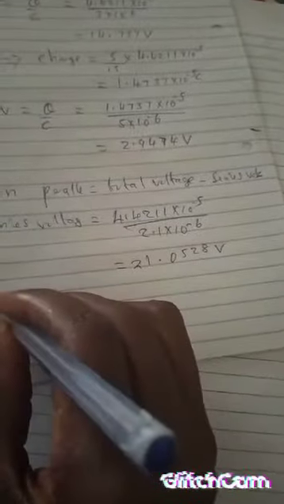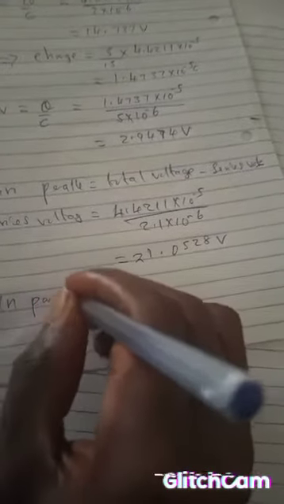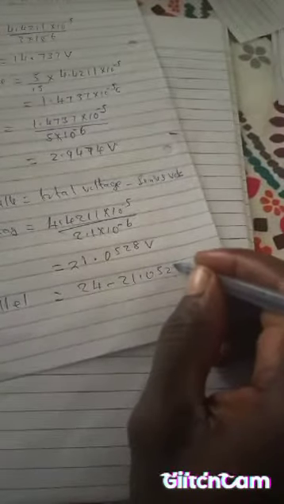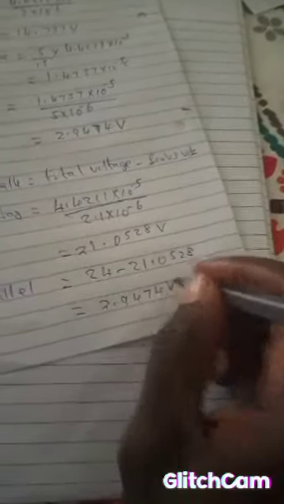So therefore, in parallel, it becomes the total voltage, which is 24, minus 21.0528, which gives us 2.9474 volts. So you can see that this one and this one are the same.